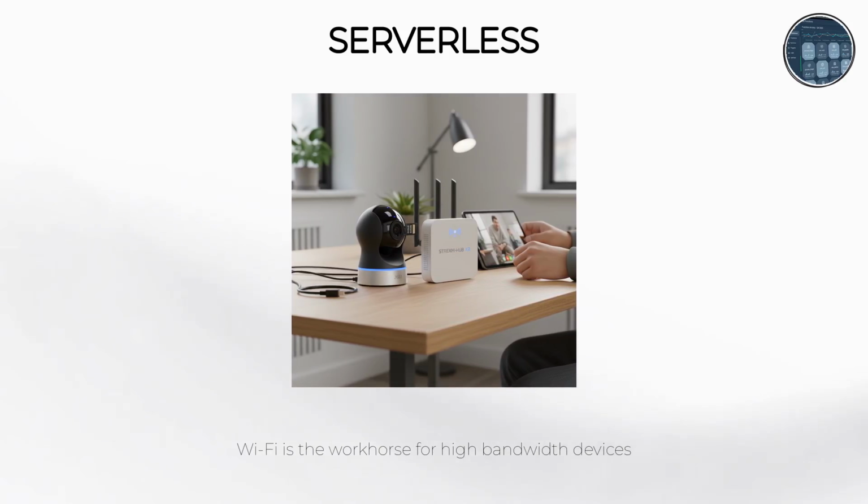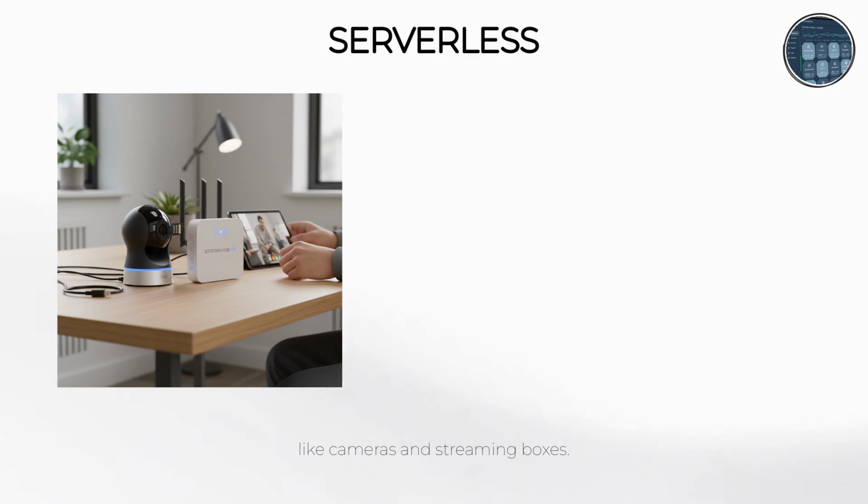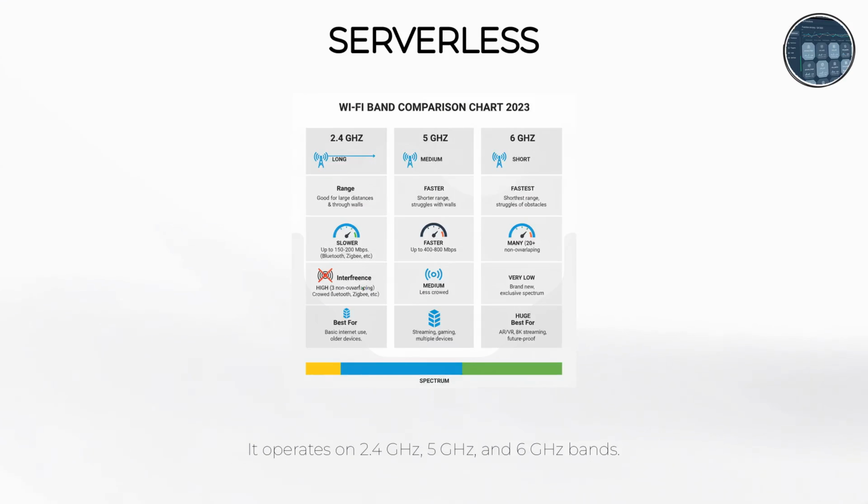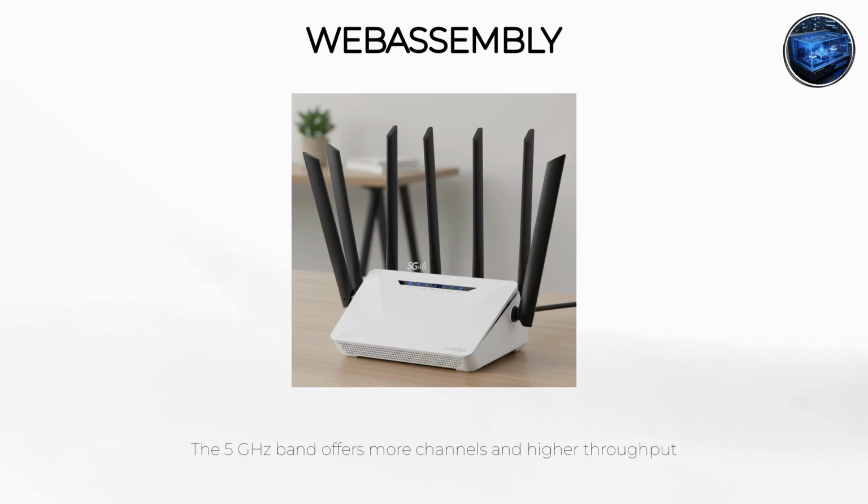Wi-Fi is the workhorse for high-bandwidth devices like cameras and streaming boxes. It operates on 2.4 GHz, 5 GHz, and 6 GHz bands. The 2.4 GHz band travels farther but is crowded with Zigbee, Bluetooth, and microwaves. The 5 GHz band offers more channels and higher throughput but shorter range.